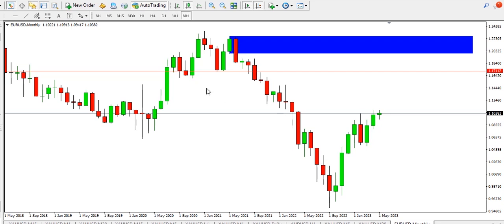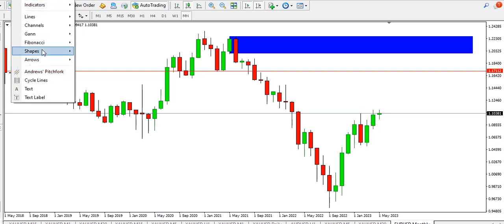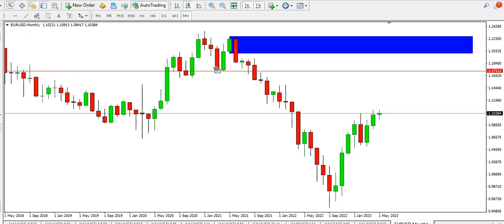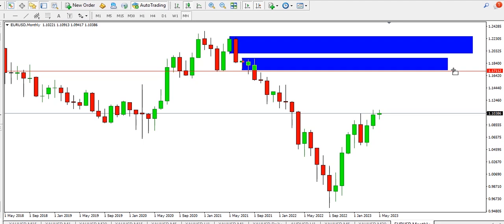Now this can be taken as another order block, this bullish candle, because after this small tiny candle, we have price breaking this structure.